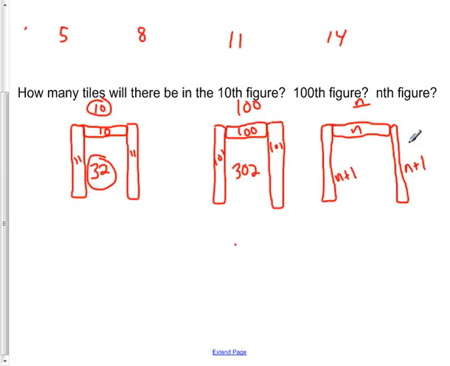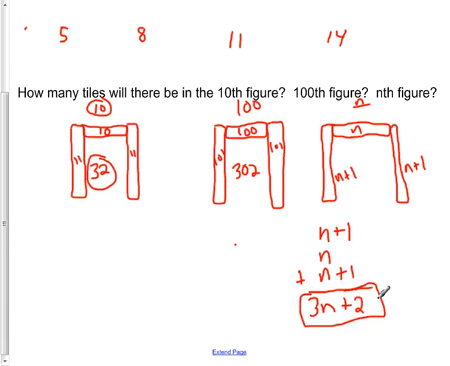So add these up, we get n plus 1 plus n plus n plus 1. And we get plus 2, and then there's 3 n's. So it's going to be 3n plus 2 is going to be our expression to find any term.